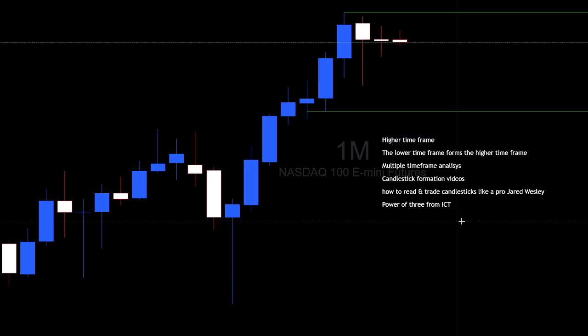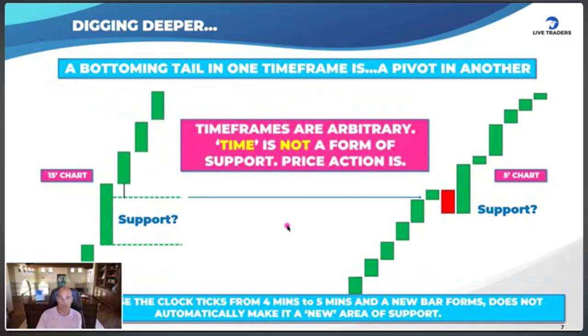I remember back in the days, one of the most important videos, and it's very simple, very, very simple, but it helps me to understand the candlestick formation. It's from Jared Wesley, and it's called How to Read and Trade Candlesticks Like a Pro.